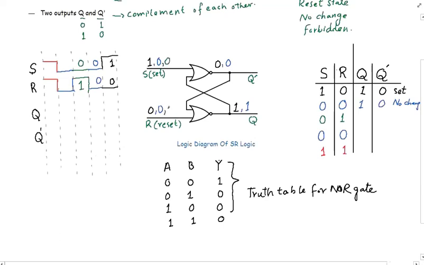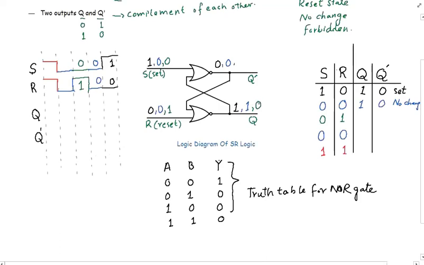So we are applying 1 and 1 to this gate, and 1 and 0 is coming to this gate, so it will result in a 0.